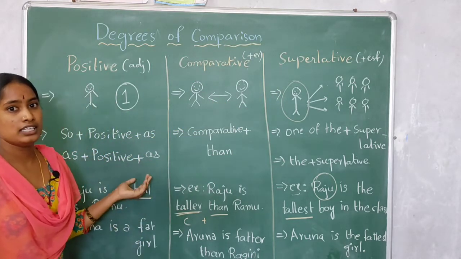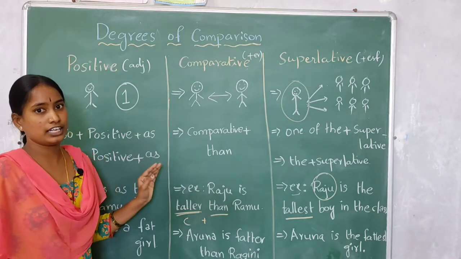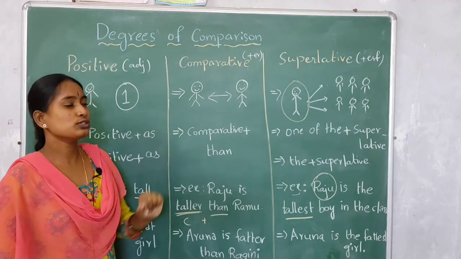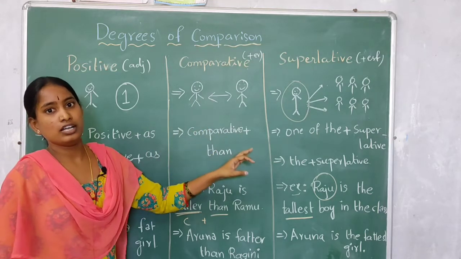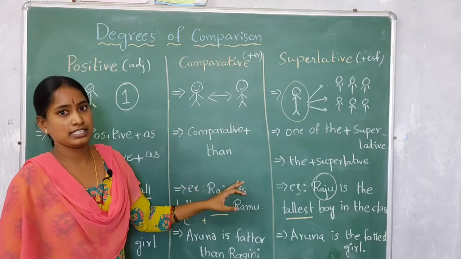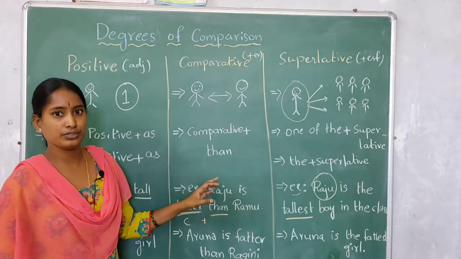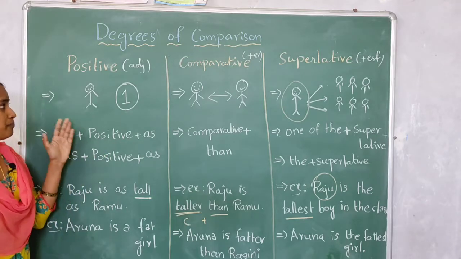So how will we get it? If we add est at the end of the basic form of adjective, we will get superlative degree. Let's say for example tall, tallest, big, biggest, happy, happiest, cute, cutest. So all these are the examples of superlative degree.